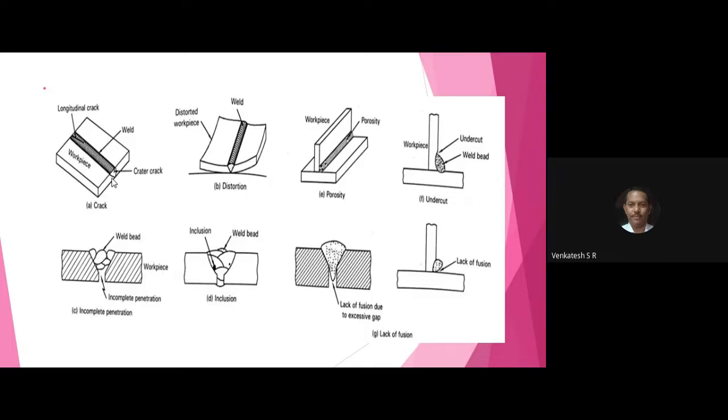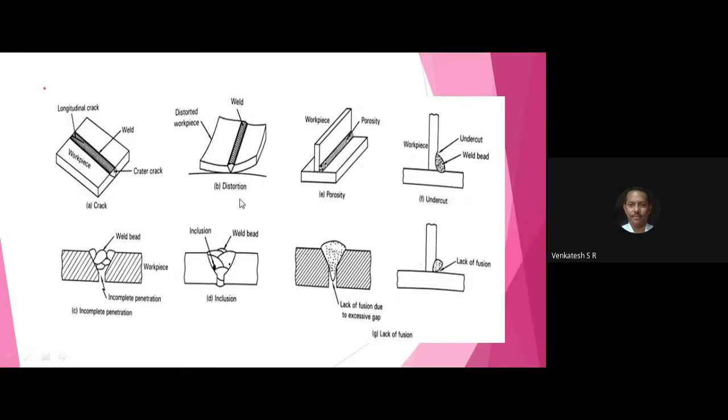All these parameters lead to the formation of crater crack. See, the gap is filled with the excess filler metal that appears like a crater. In that you see the crack in the crater. The first diagram indicates crack in the welded joint.